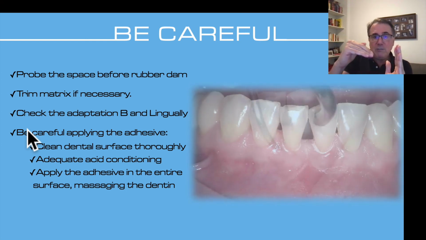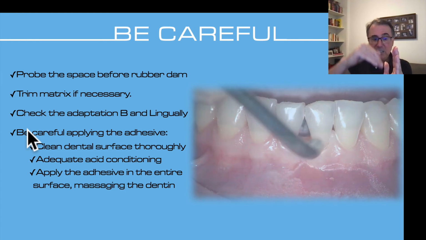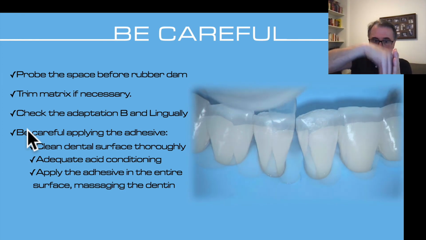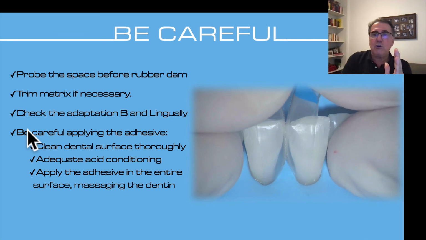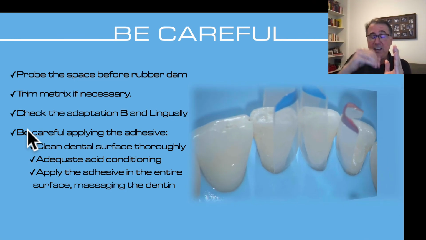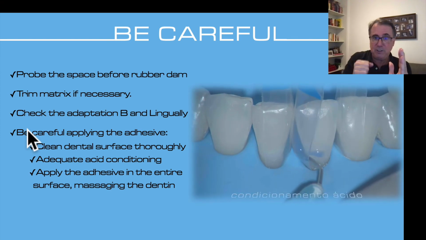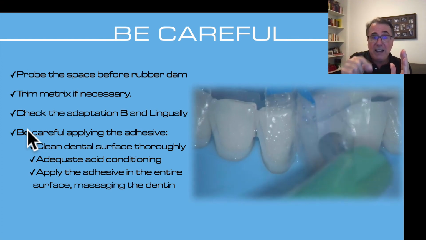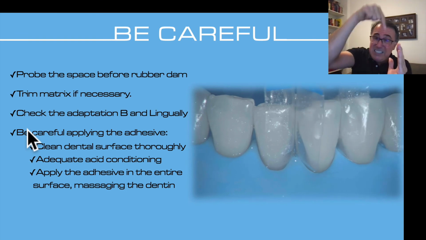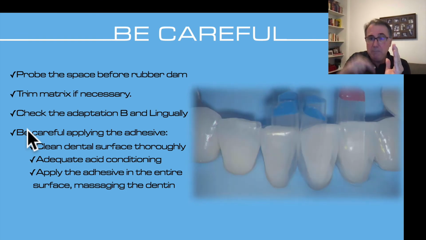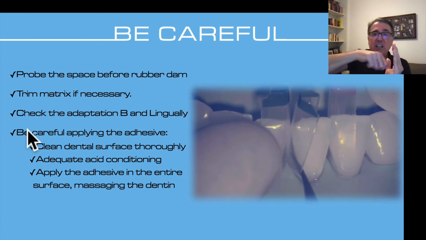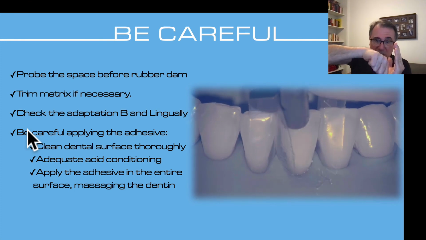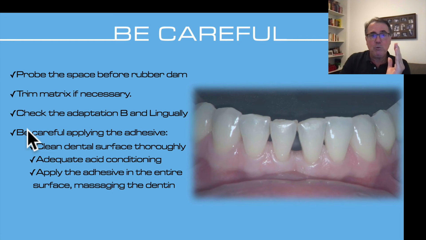So it's important for you to put the adhesive inside that part, which is all the way down on the cervical area in the embrasure, in the interproximal surface. So you apply the adhesive inside the matrix, making sure that all that surface in the cervical area, you have massaged a little bit over there with the adhesive.